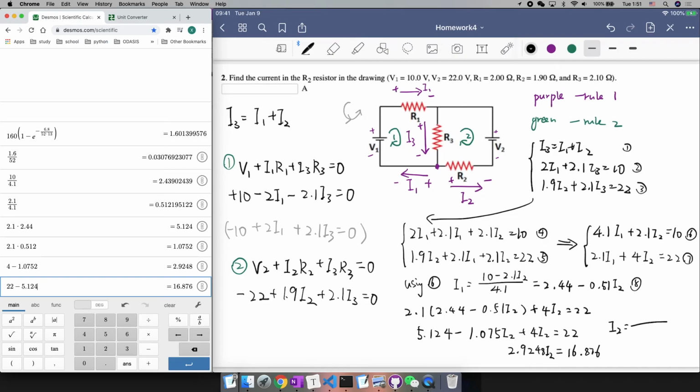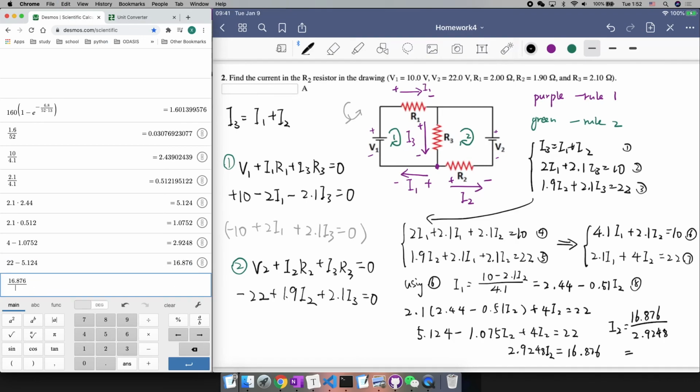I2 equals 16.876 over 2.9248 equals 5.77 ampere.